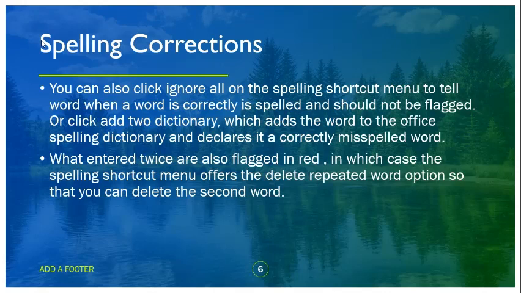Okay, so this slide is about how to ignore words when you don't want Word to check them. For instance, you also notice when you are typing something in your own language, a lot of red lines come under the words. So you just say ignore, or sometimes you do ignore all.